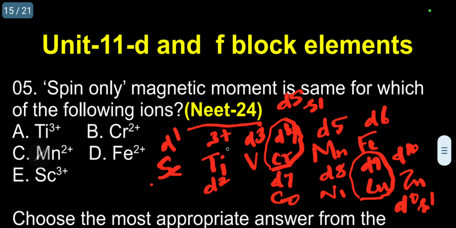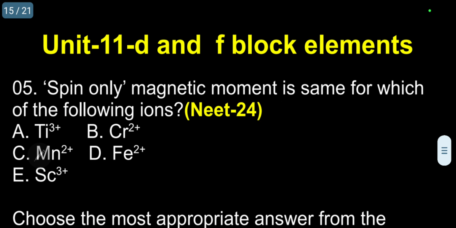Titanium 3 plus. So what is the question? First find out: spin only magnetic moment is the same. Magnetic moment depends upon the number of unpaired electrons. Among the 5, 2 elements will have the same number.